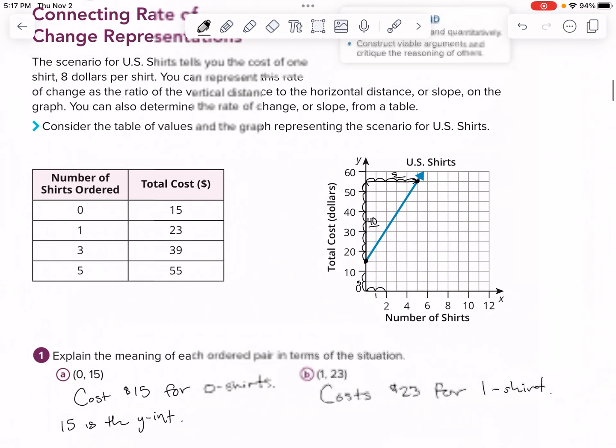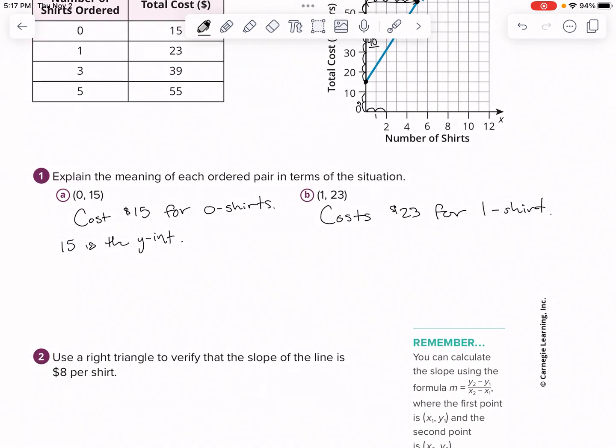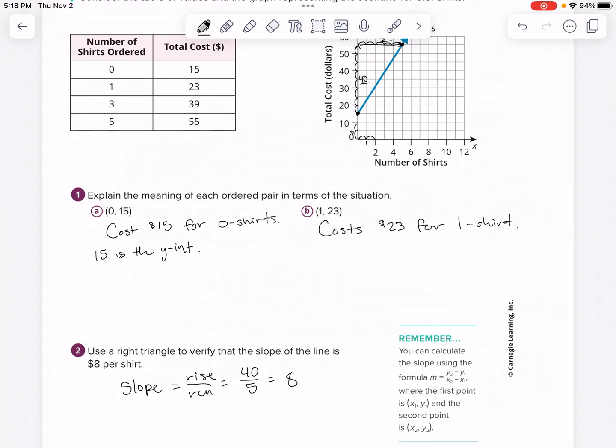All right, so for this one, the right triangle was created. And we know that slope is rise over run, which is 40 over 5. And 40 over 5, we can simplify that. That's just 8. And that verifies what we have in our table and our graph.